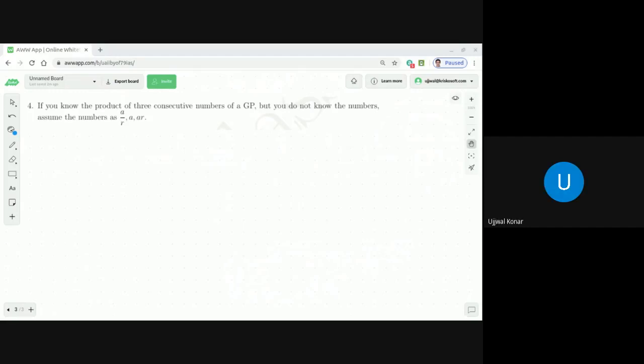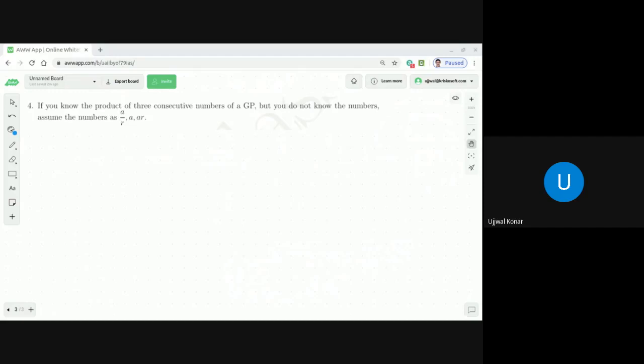Point is, those numbers should be in GP. Dear Gurman, the numbers you said, A by 3R, A by R, A, and A into 3R, are the numbers in GP? Are the ratios of the consecutive terms equal? I hope it is not. Or if it is, let me know.